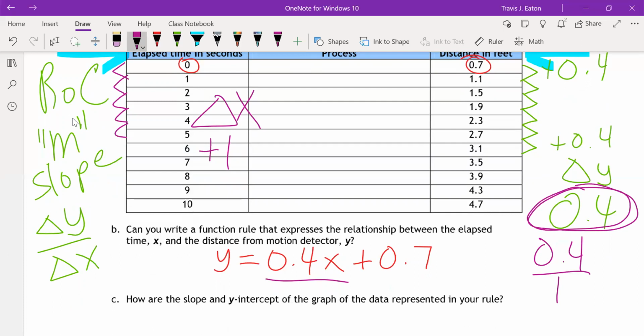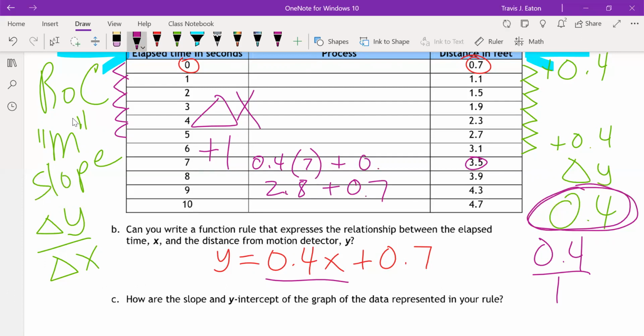If we take any one of these, in this case, it would be 0.4 times 7. And then how do we take that and get it to 3.5? Well, we would have to add 0.7, because 0.4 times 7 is 2.8, and to get to 3.5, we would have to add 0.7.